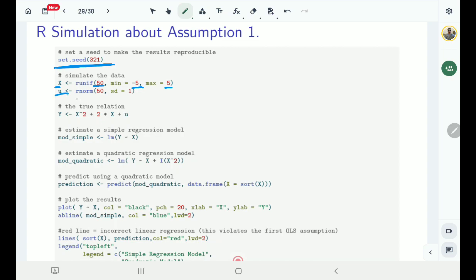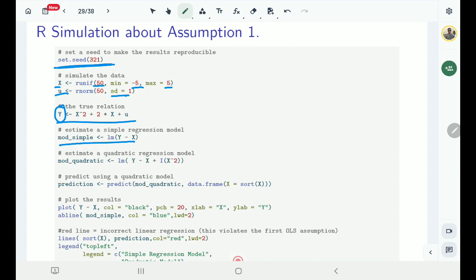The errors are normal, the standard deviation is 1, and we draw 50 such values from the normal distribution. By the way, you see we did not specify the mean because rnorm has default values. The default value for the mean of the rnorm function is equal to 0. Now suppose the true relationship is y equals x squared plus 2x plus u. So once you have x and u values, you can get y's.